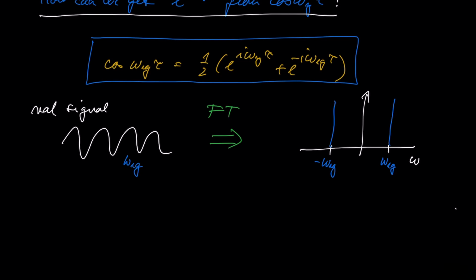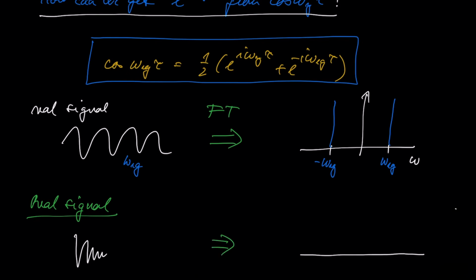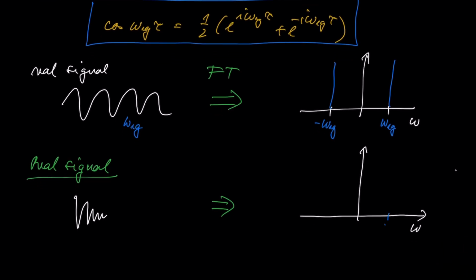A real signal would be slightly more complicated. It will look so that I will have some sort of a decaying exponential, some sort of a decay. The Fourier transform will give me a contribution centered around omega Eg and centered around minus omega Eg.